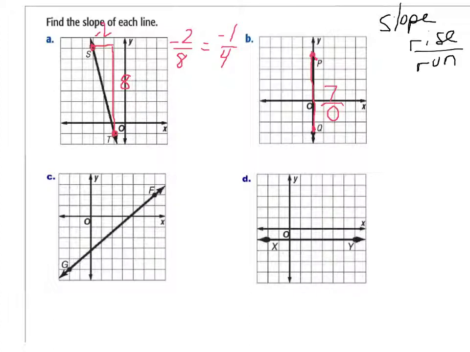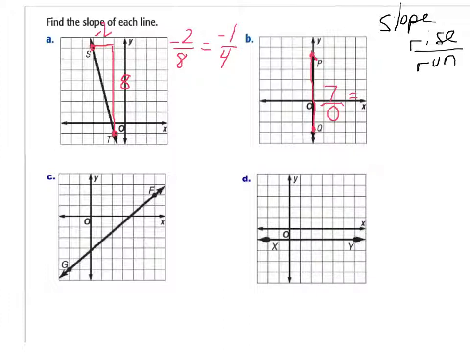Now if you take your calculator and type in 7 divided by 0, your calculator will give you one of two answers. It'll give you undefined as an answer, or it'll say error. And that's because we can't divide by 0.